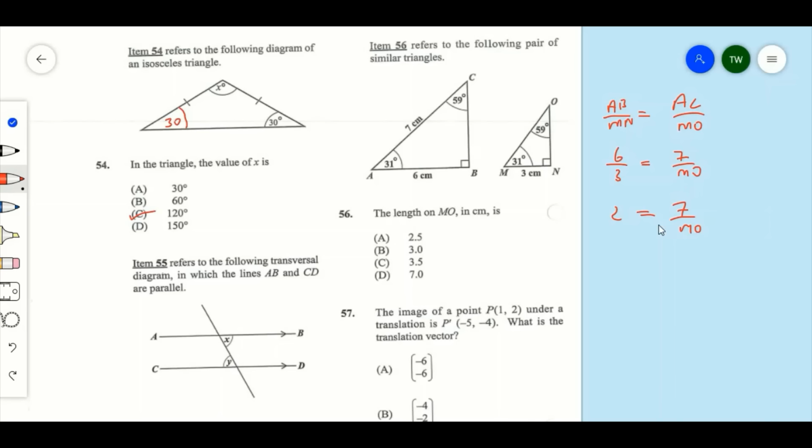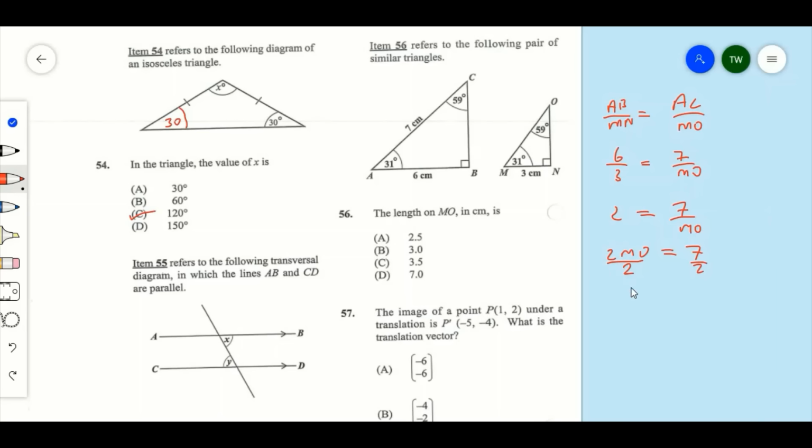If we want to find MO, we multiply both sides by MO. We get 2 MO is equal to 7. And then we divide both sides by 2 because we want MO by itself.